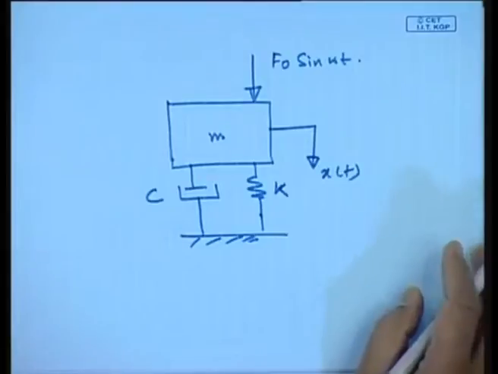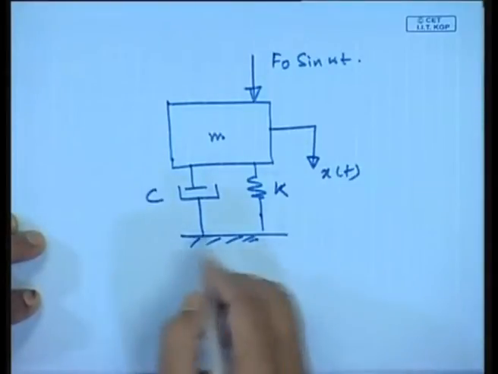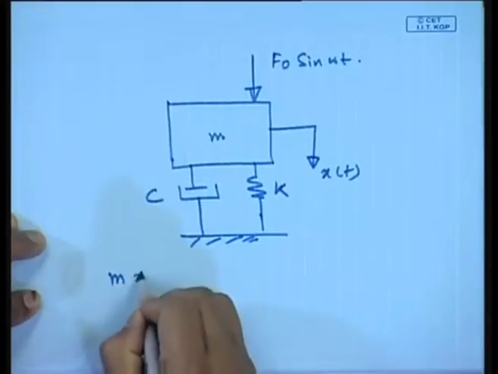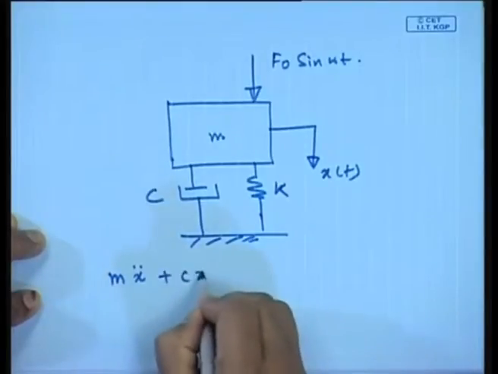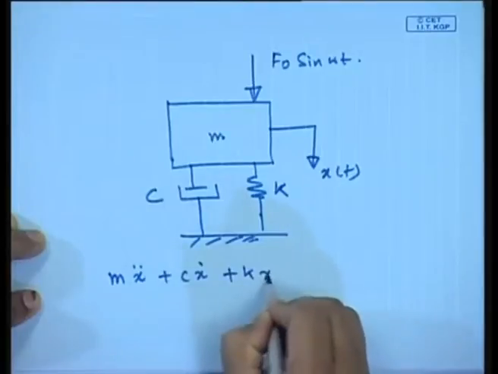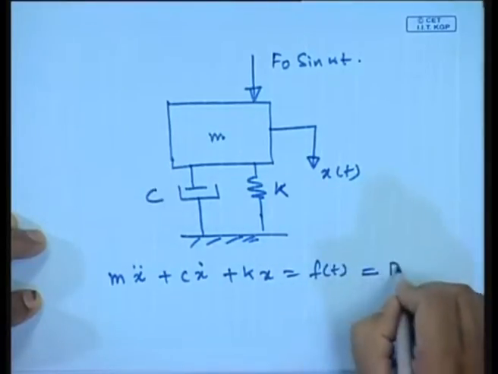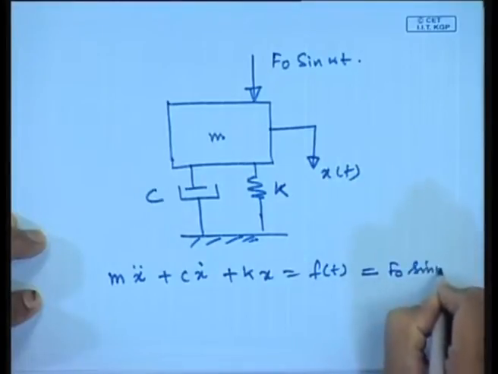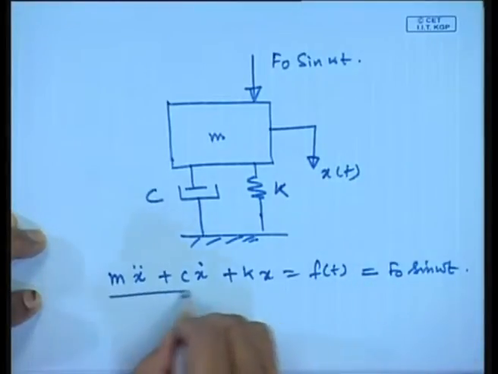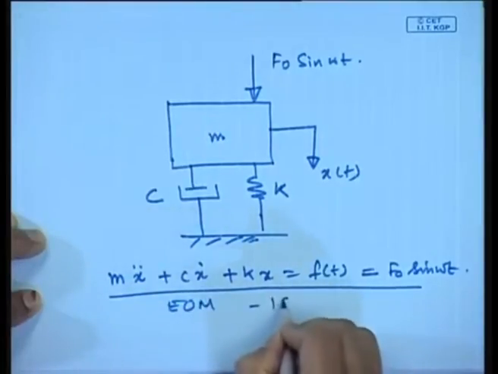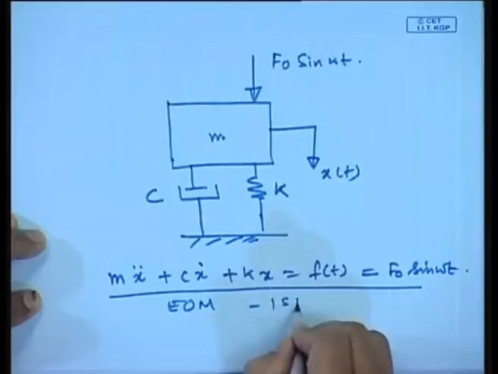So, if I were to write the equation of motion of this body, I could write it as m x double dot plus c x dot plus k x is equal to f(t), which in this case happens to be F0 sin omega t. This is the equation of motion of this body in one degree of freedom, or single degree of freedom.